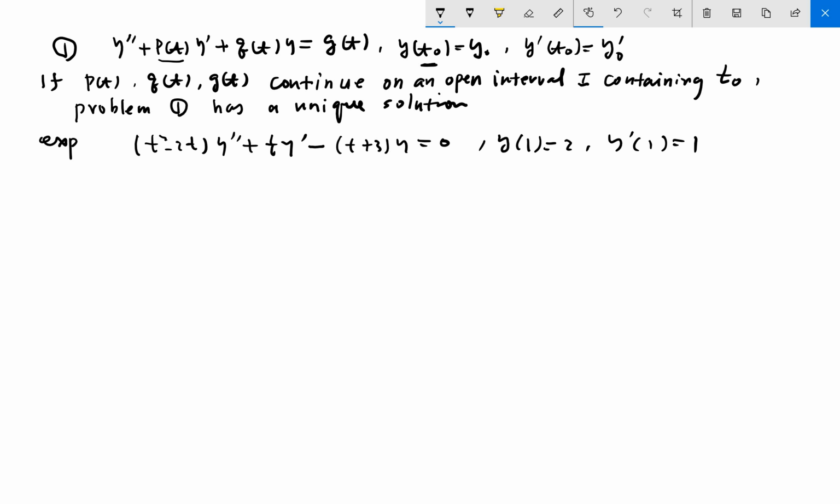For this equation, what can we say about it? This equation is linear, second order, and homogeneous, with g of t equal to 0. Now, to use the conclusion we just stated, we need to write this in the format of equation 1. So we divide by t squared minus 2t on both sides.